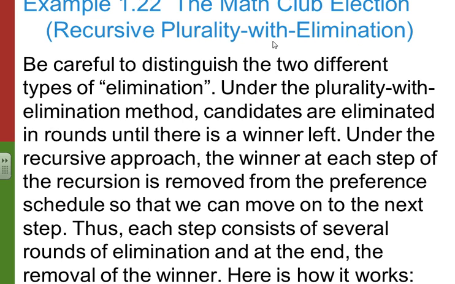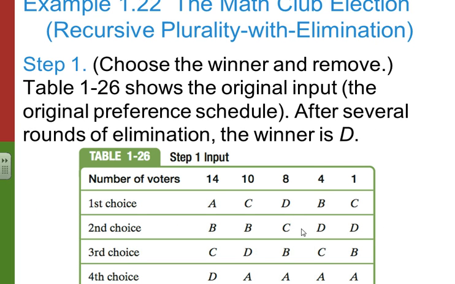Recursive plurality with elimination. We need to just look at the difference between those two. The winner at the next step, in the recursion, is removed from the preference schedule so that we can move on to the next step. All right, so we remove D. No, we remove B because he has the least number of votes.